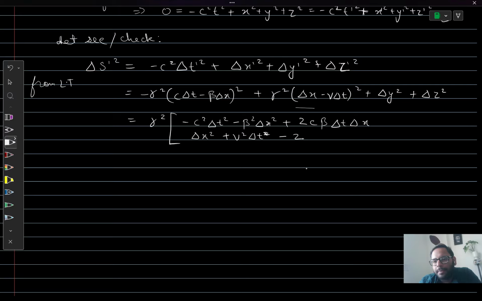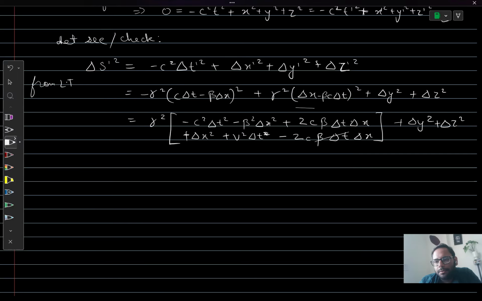And of course minus 2, sorry, here it should be beta because we have taken the symmetric form, beta c. So again this will be c beta delta t and delta x. This is a plus sign, plus of course this same thing.